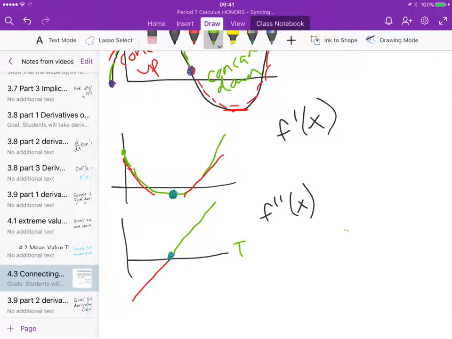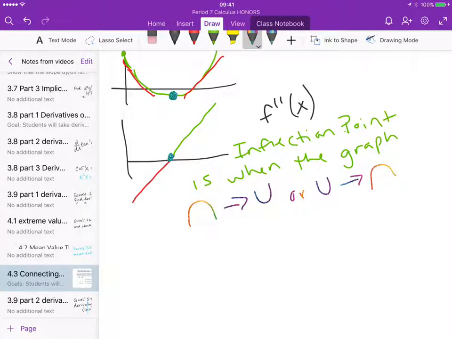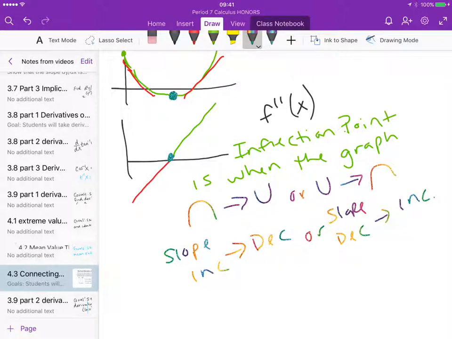So we can say the inflection point is when the graph goes from concave down to concave up, or from concave up to concave down, or you can think of it as when slope increases to where slope decreases, or when slope decreases to where slope will then increase.